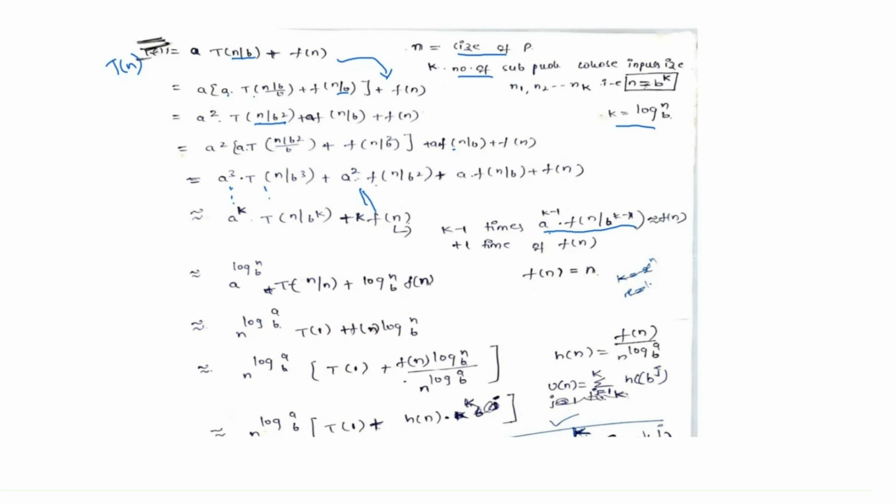So this becomes a power log n to the base b, and b power k is n here, and k is log n to the base b, into f(n). So I am taking n as base, n power log a to the base b, and n gets cancelled, it becomes T(1) and f(1) into log n to the base b.